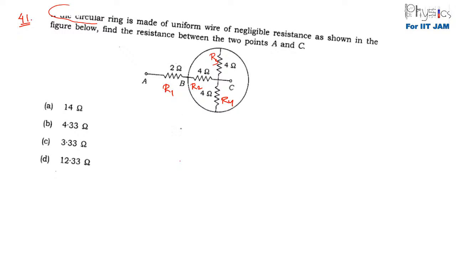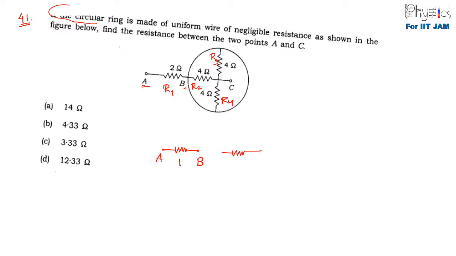So what we get is, the two ends of R1 are point A and point B, right? The two ends of R2 are B and C, right?